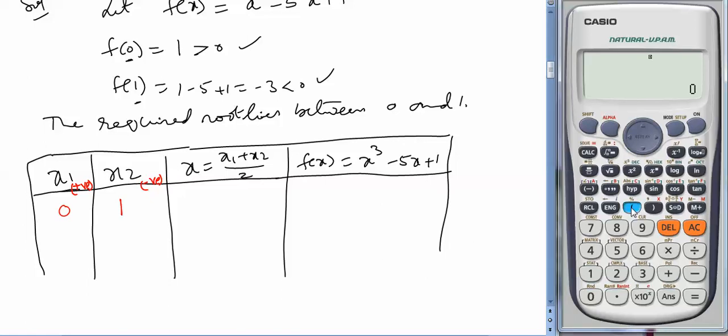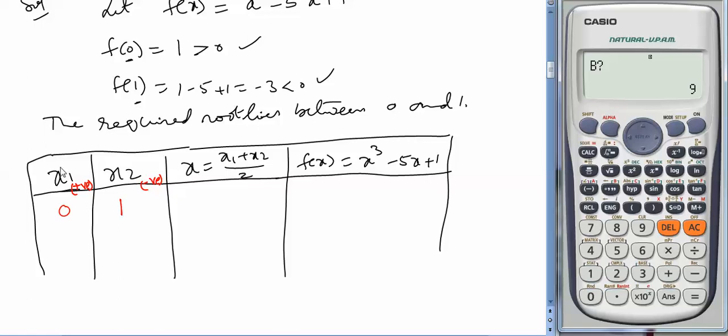Simple, I will take a and b instead of x1 and x2. So open bracket, alpha a plus alpha b, divided by 2. Now press calc, a value 0, then press equals button, b value.